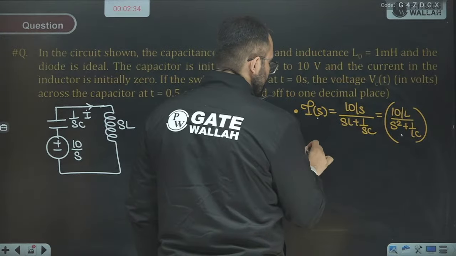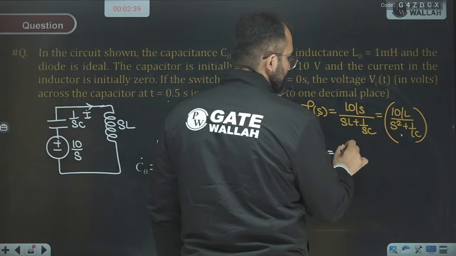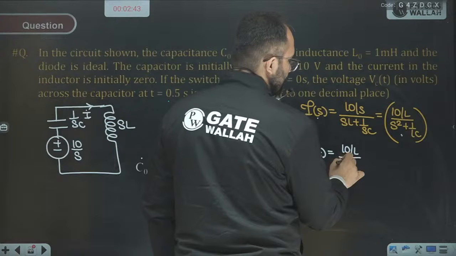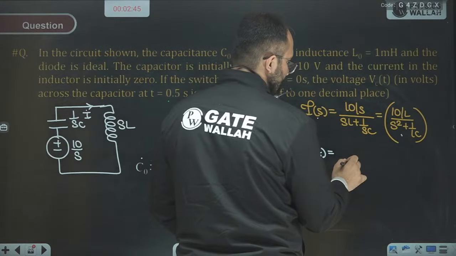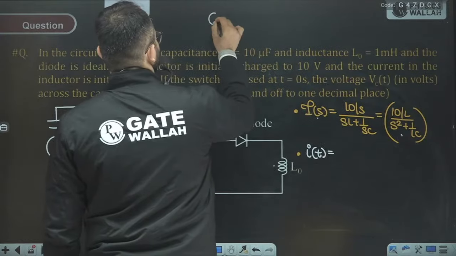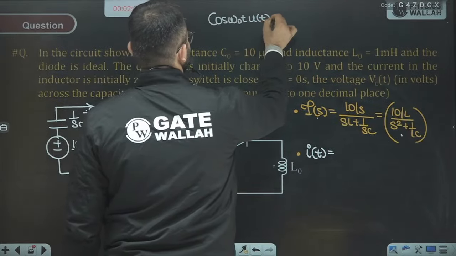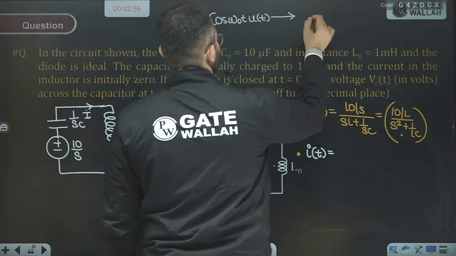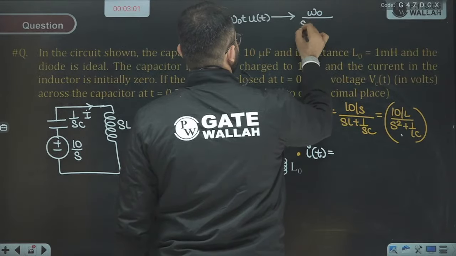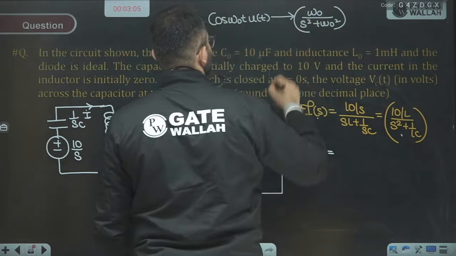The current i(t) will be 10 upon L times cos omega naught t u(t). What is the Laplace? The Laplace is S square plus omega naught square. Is this correct?